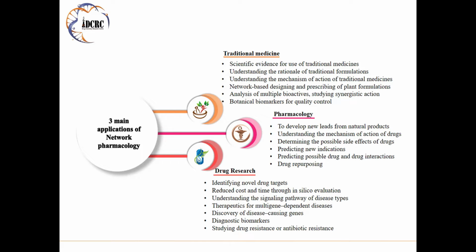Then studying drug resistance and antibiotic resistance. Similarly, when we build a network of a particular drug with the disease, like microbial diseases, we can easily identify which genes are responsible for drug resistance or antibiotic resistance.